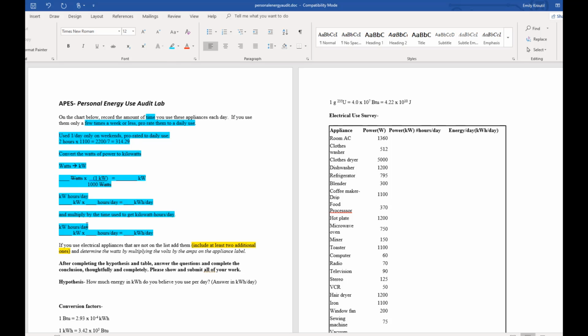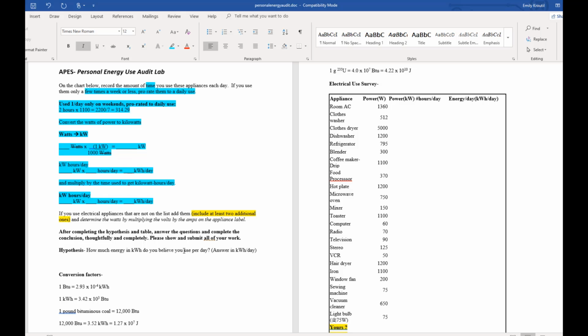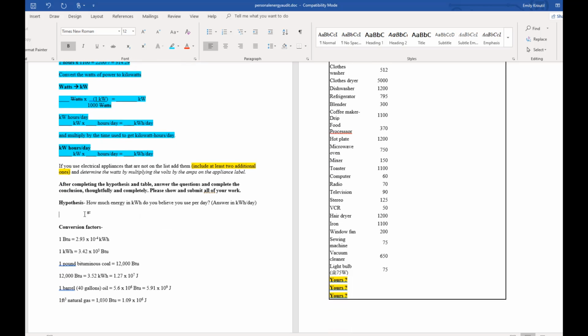Okay, let's see what else. Then it says if you use electrical appliances that are not on the list, you can add them, and you should add at least 2 additional ones and determine the watts by multiplying the volts by the amps on the appliance label. Okay? So your hypothesis, you're going to write that in answering kilowatt hours per day.